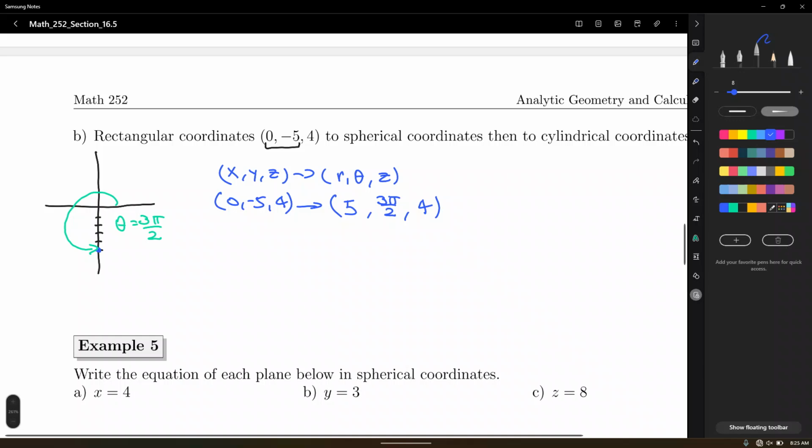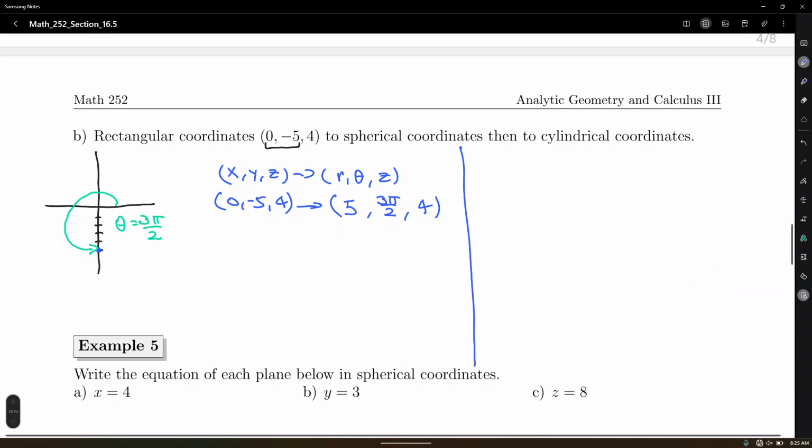All right? So now we need to convert this point to spherical coordinates. And I'm going to take the same approach I did in the previous example to go not from rectangular to spherical, but rather from cylindrical to spherical, because otherwise it's going to be a bit weird to do such calculations.